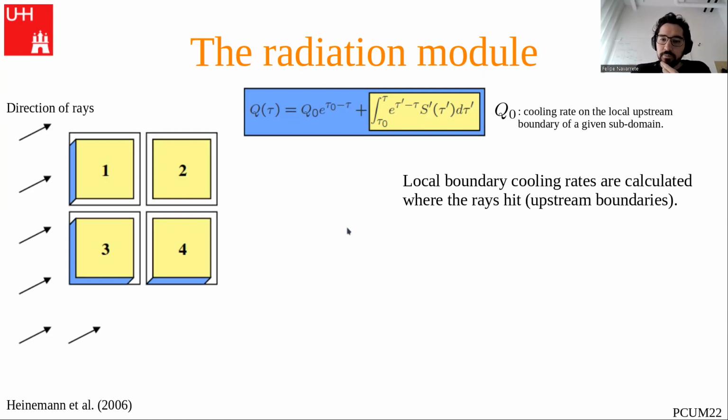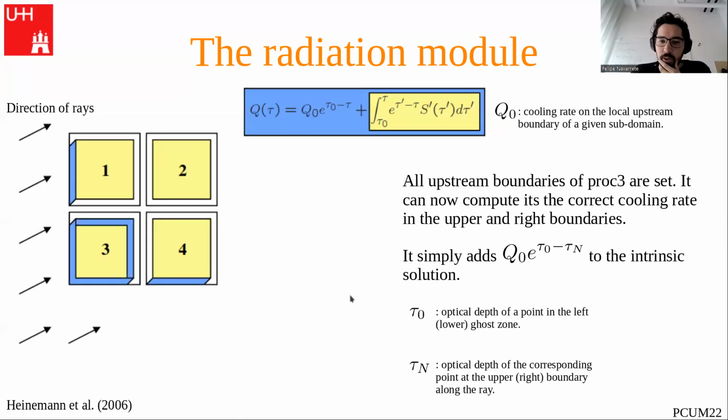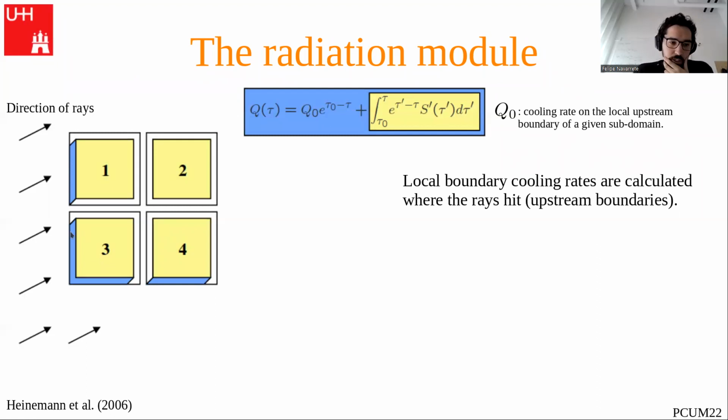Next, the local boundary rates are calculated where the rays hit. So these 4 phases here. Then, okay, let's go back. So now processor 3 has the 2 upstream boundaries. These are calculated now.